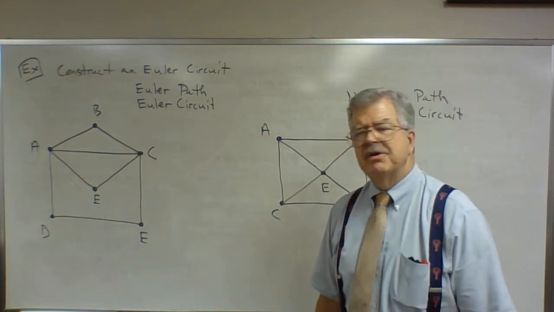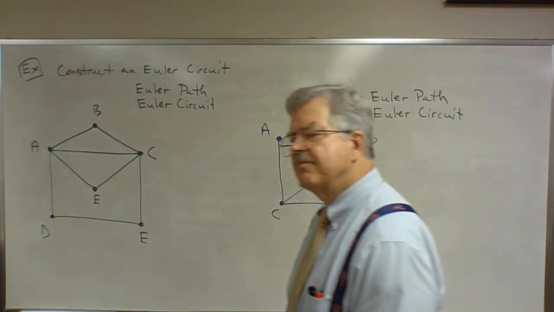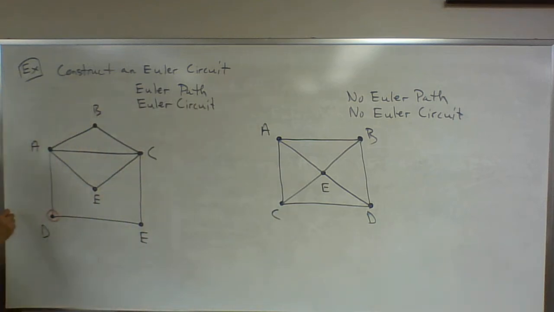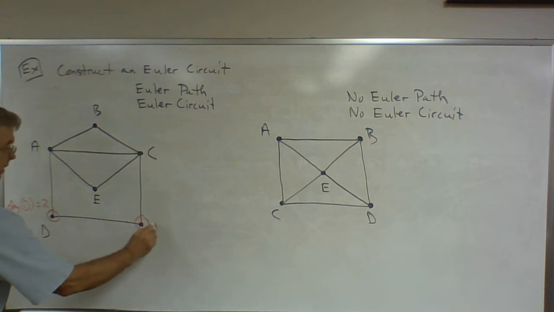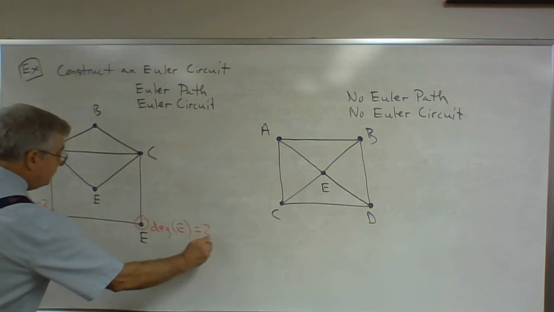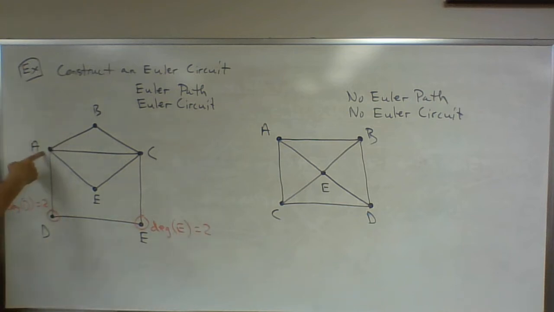But let's just look at each vertex and look at the degree. The degree of D is 2. At E, the degree of E is 2. Here, let's say 1, 2, 3, 4.